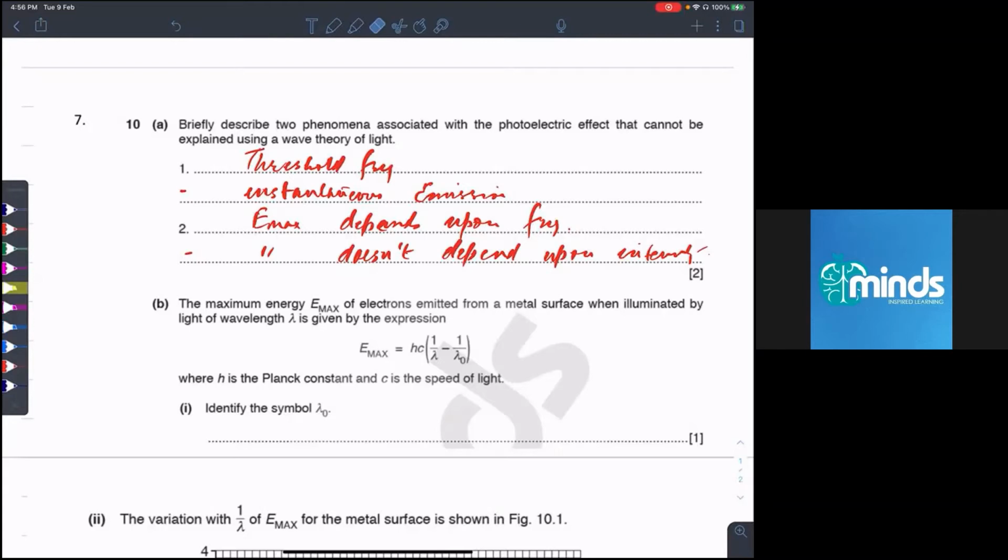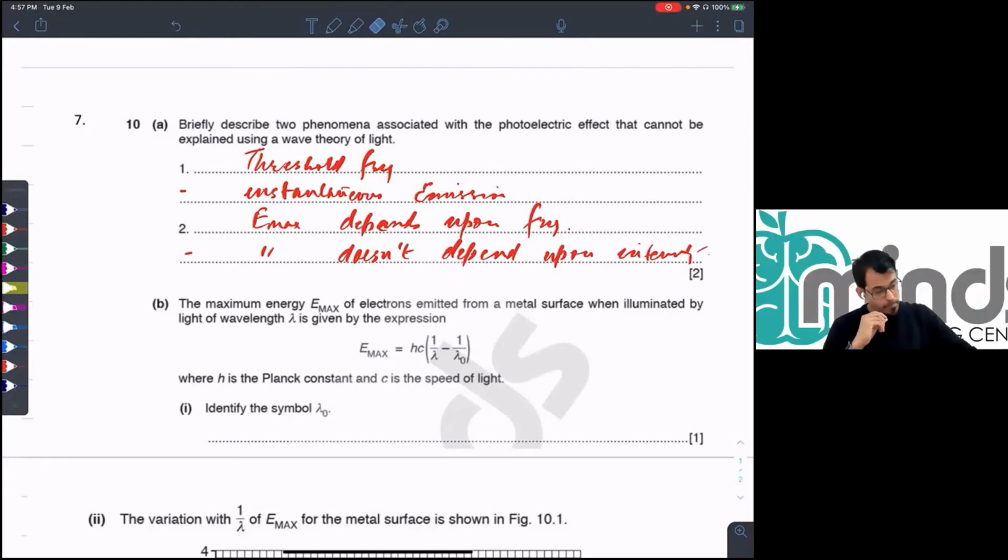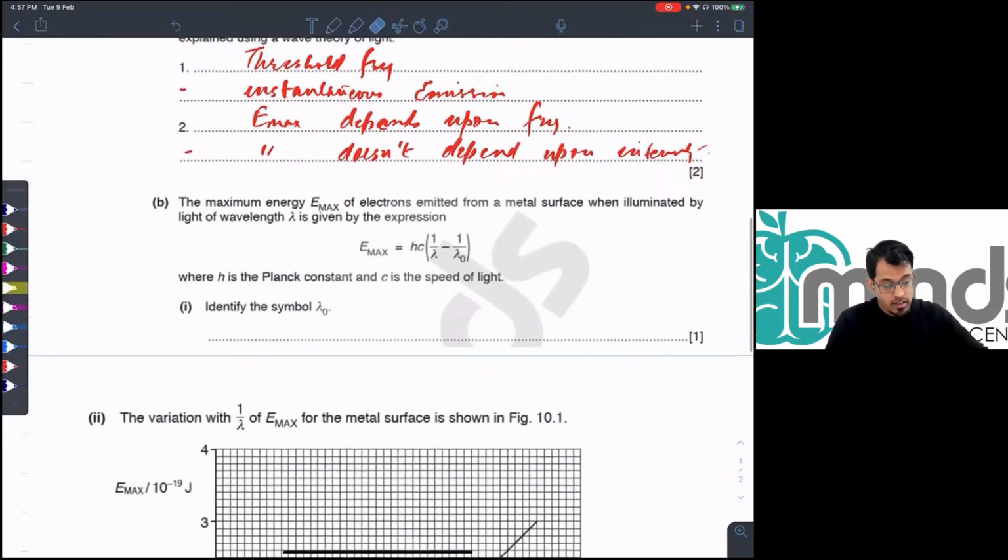The maximum energy Emax of the electron emitted from a metal surface when illuminated by light of wavelength lambda is given by the expression Emax equals this, where h is the Planck's constant and c is the speed of light. Identify the symbol lambda naught. Remember, lambda naught is the cutoff wavelength, which is also known as the threshold wavelength.